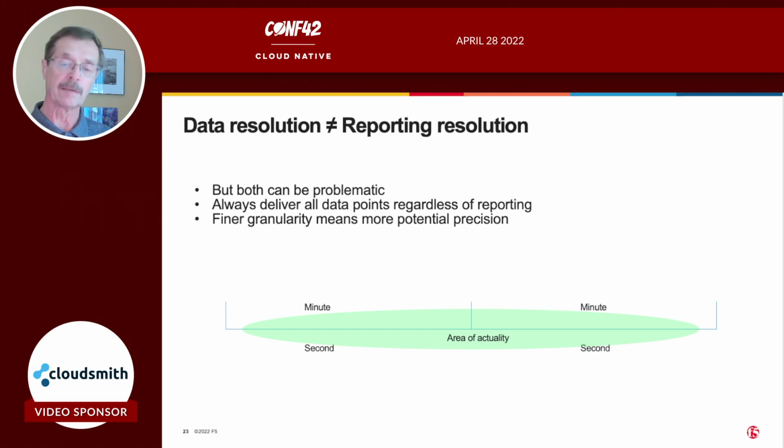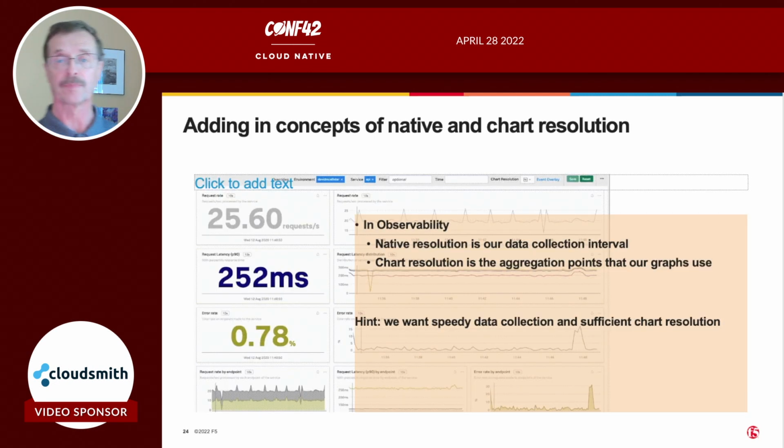So milliseconds give me finer granularity, and picoseconds give me finer granularity. That granularity may become more and more important, especially as we scale things and especially as things get complex. But at the same point in time, it creates more data. So there's a trade-off between granularity, data resolution, and reporting resolution that you need to consider.